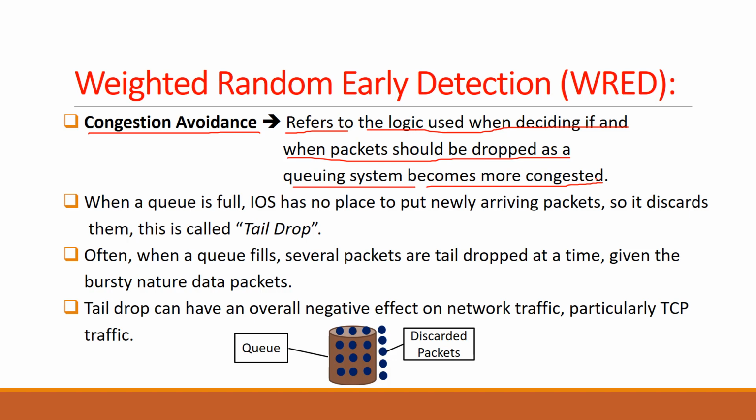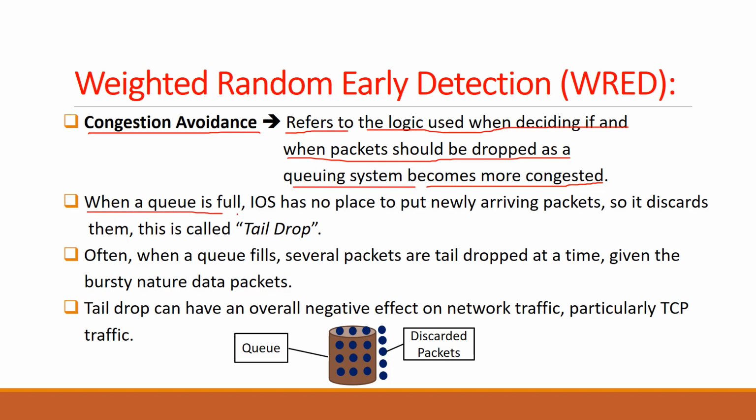What does this mean? It means the tools used for congestion avoidance determine when and if packets should be dropped from a queue when the queue becomes congested, to avoid this congestion.